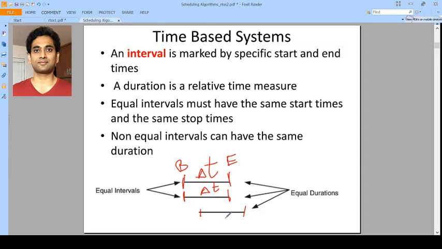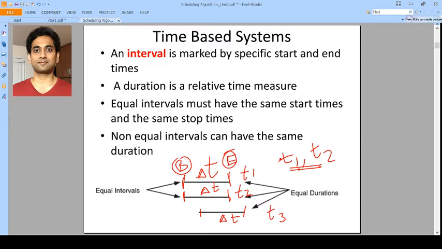Now, different time quanta with the same durations are not equal intervals. So in other words, if we look at time quanta t1, t2 and t3, t1 and t2 have the same begin and end times, so they are equal intervals.